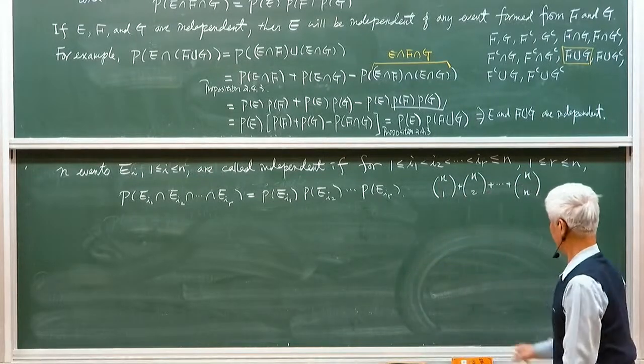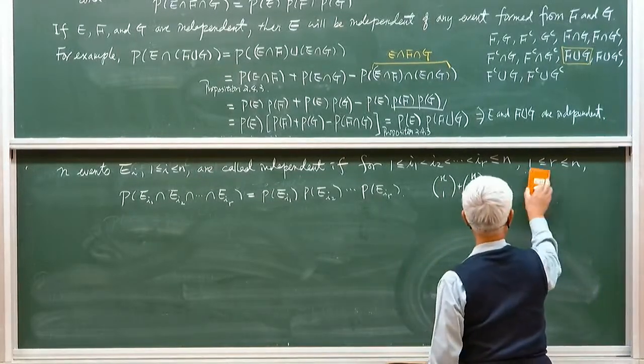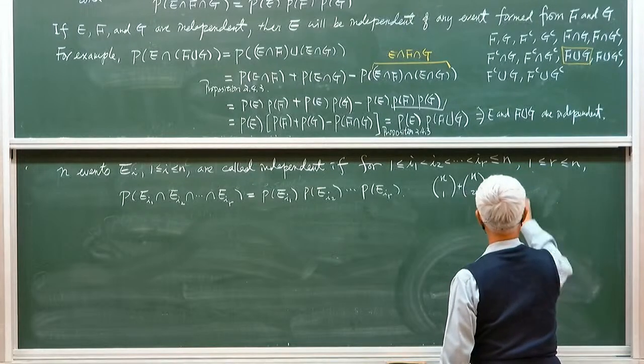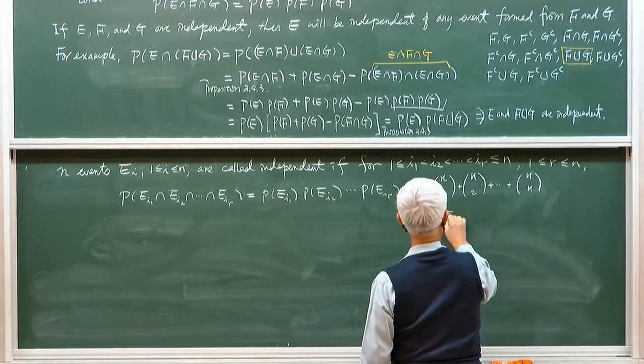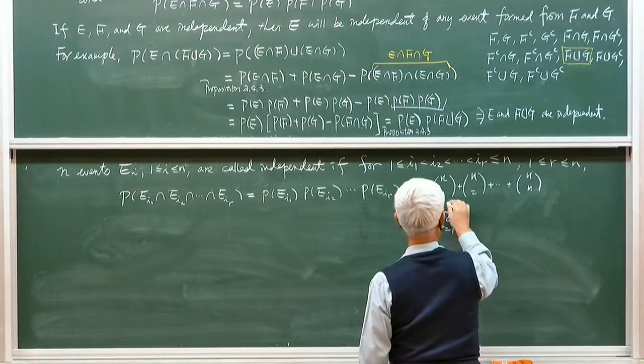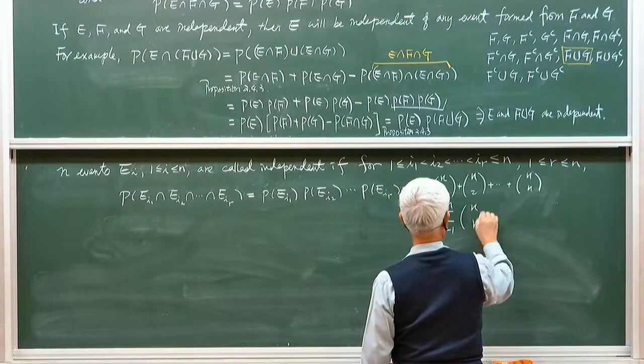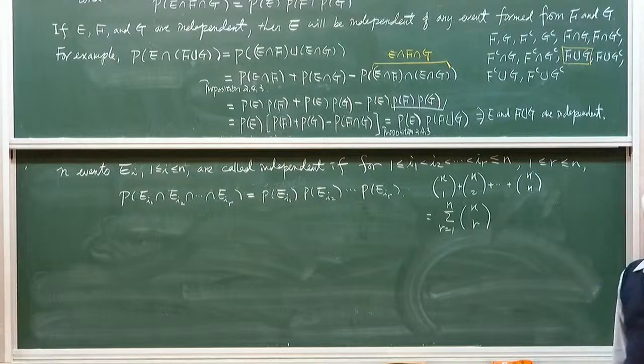In general, this is the sum over r from 1 to n of n select r. Okay, equations.